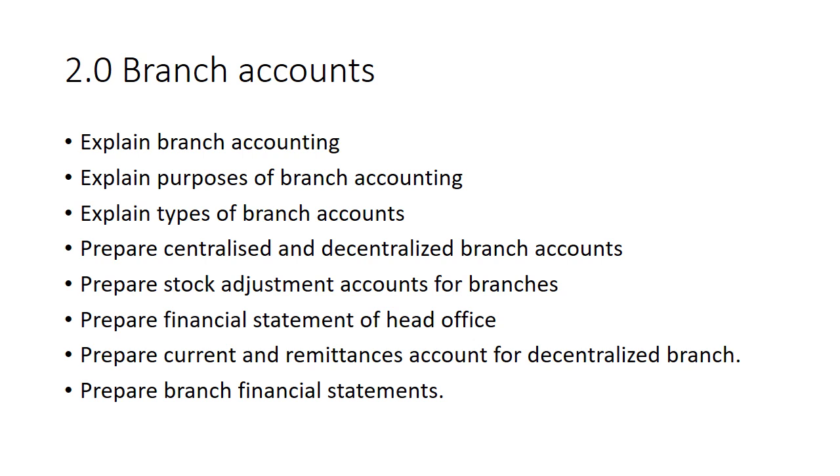So in this case, we will explain branch accounting and the purpose of branch accounting, and explain types of branch accounting, and how the centralized branch or decentralized branch accounts may be prepared, and also prepare the stock adjustment account for branches, and therefore we will prepare the financial statement of the head office. And again, we prepare the current remittance account for the decentralized branch, and therefore we'll end up preparing the financial statement for the branch.